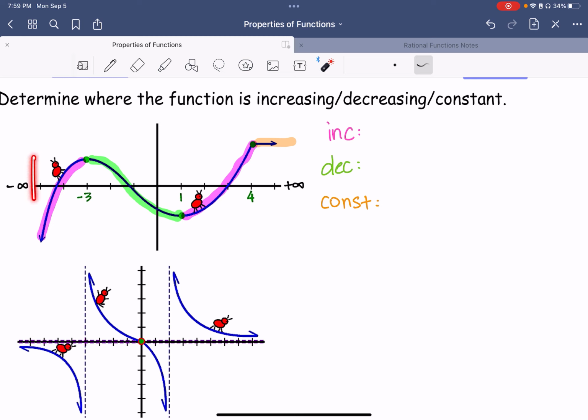From negative infinity to -3, we are increasing. Another point that we're increasing, another pink area, is from 1 to 4. So from 1 to 4, these x values, we are increasing. And you use the union symbol just like we do when we're writing the domain to combine those two pieces.